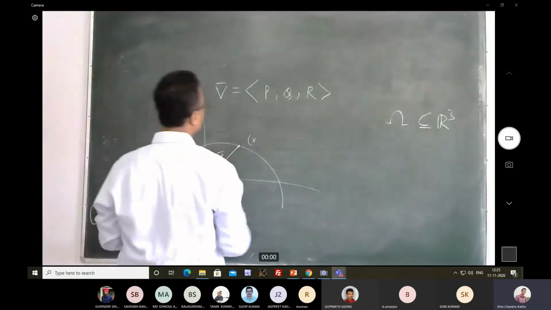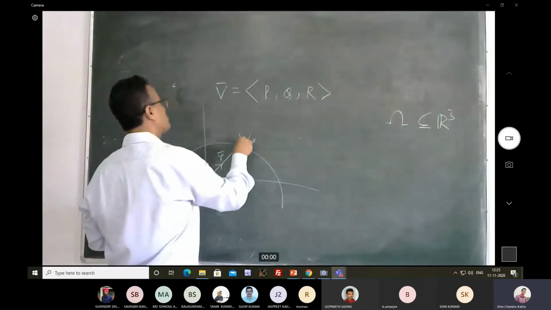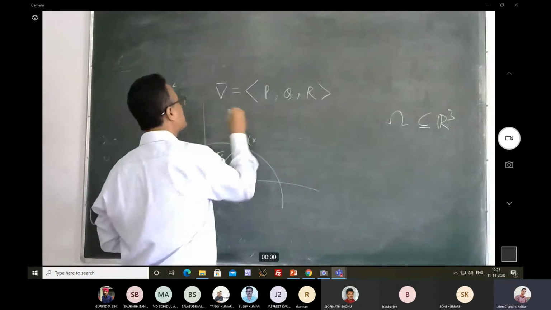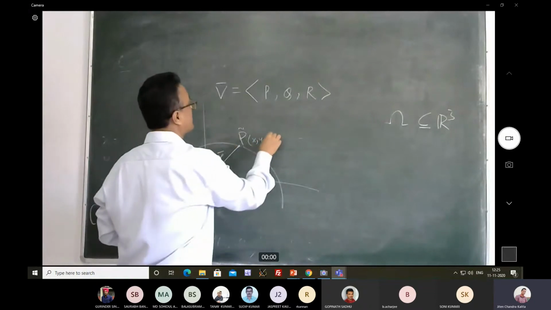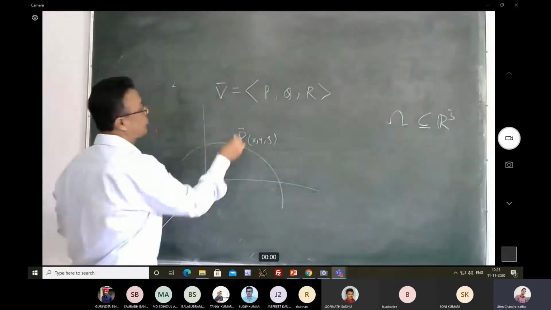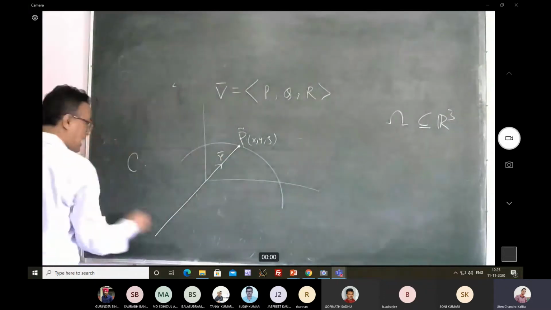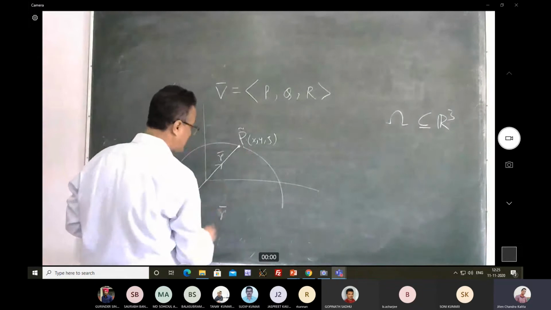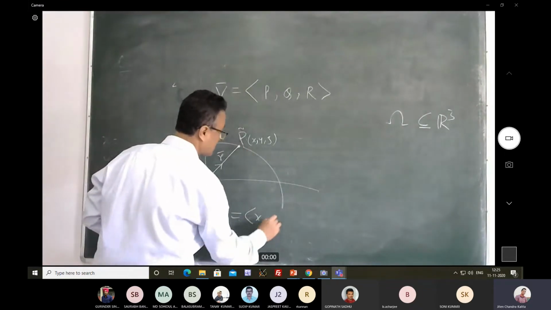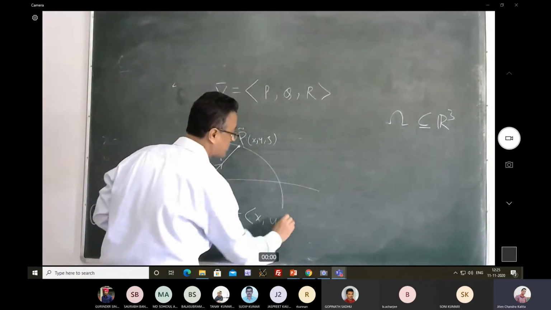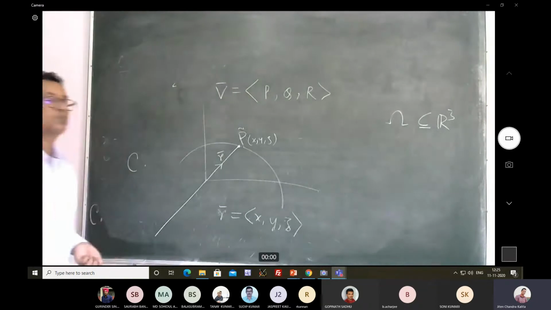Because I have already used P. Suppose I call it P tilde. So with every point P tilde lying on the curve, suppose it is defined through this vector.